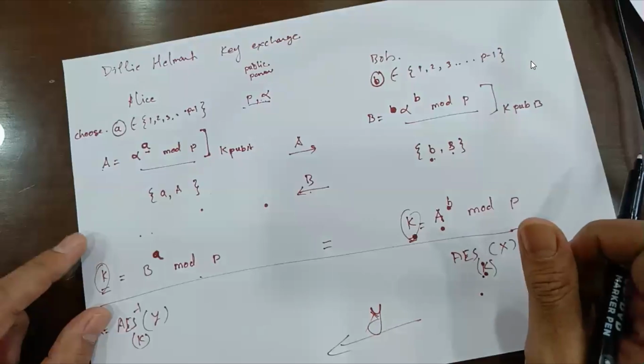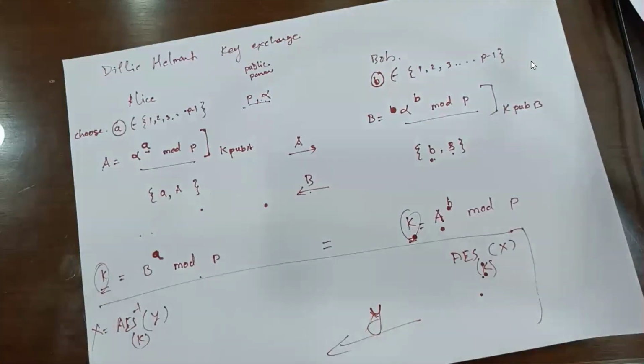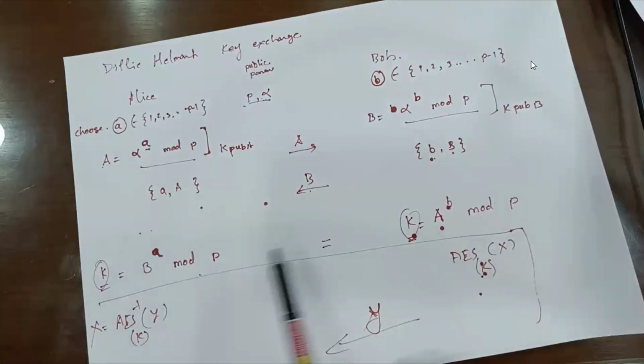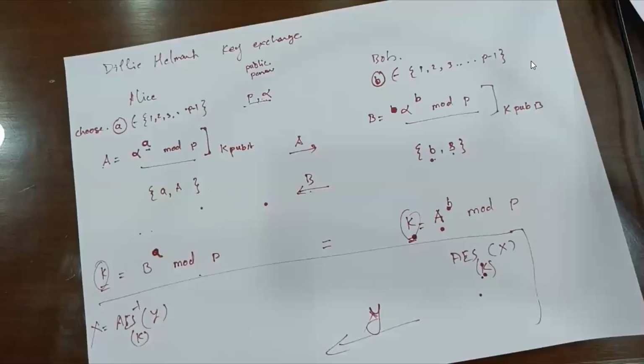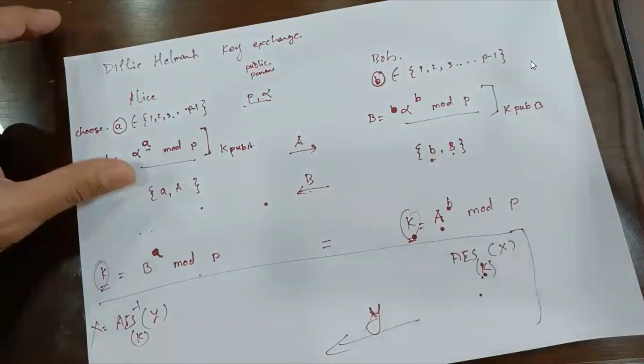Okay. Now, what is the guarantee that you are getting this as equal or same key? How do you say that it is correct? I have to get a new paper now.